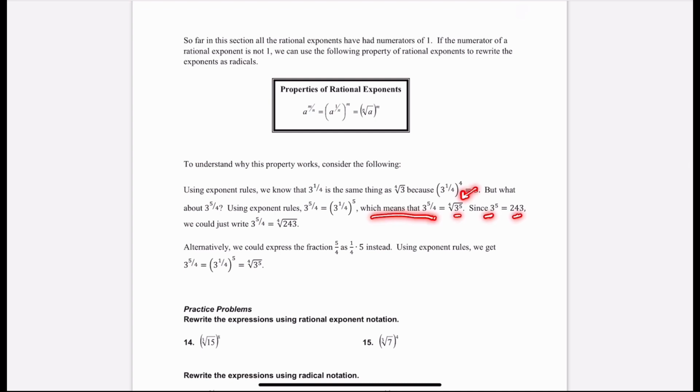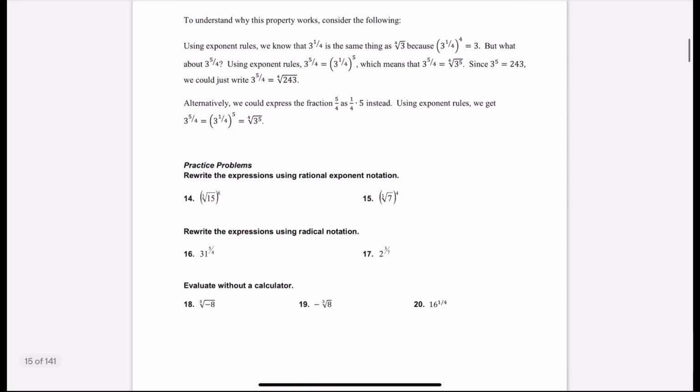Since 3 to the 5th is 243, we could just write 3 to the 5/4 equals the 4th root of 243. Alternatively, we could express the fraction 5/4 as 1/4 times 5 instead. So using exponent rules, we could get 3 to the 5/4 equals 3 to the 1/4 to the 5th power equals the 4th root of 3 to the 5th.